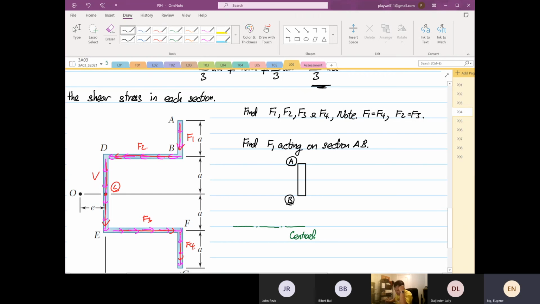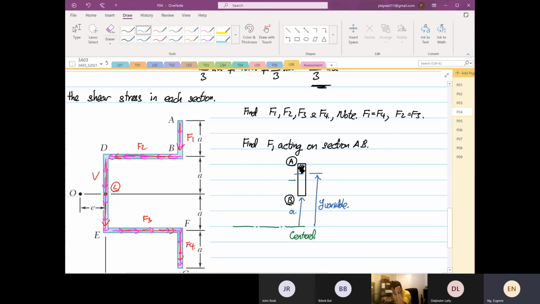And then the distance from here to here is A, right? And then we are going to have our Y variable here. If your Y variable is there, this is the area of interest.